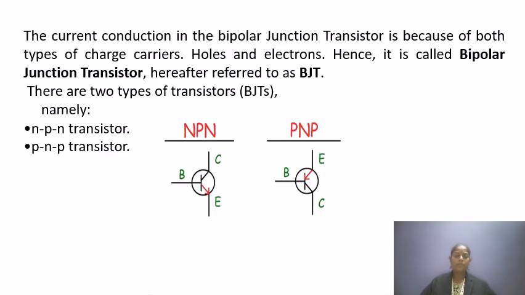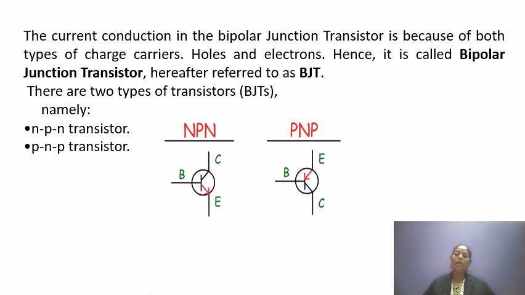The current conduction in the bipolar junction transistor is by two types of charge carriers, electrons and holes. In the case of a diode, the current conduction in forward bias is only by the majority charge carriers, and in reverse bias by the minority charge carriers.